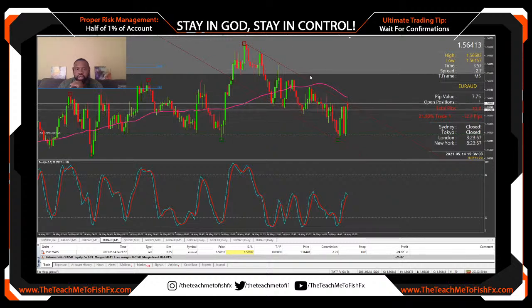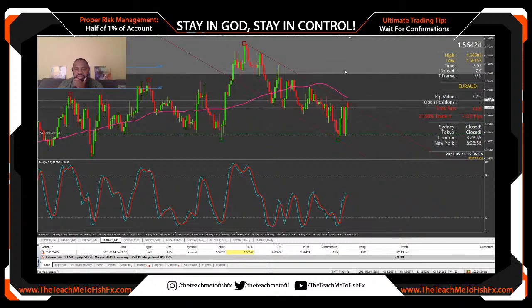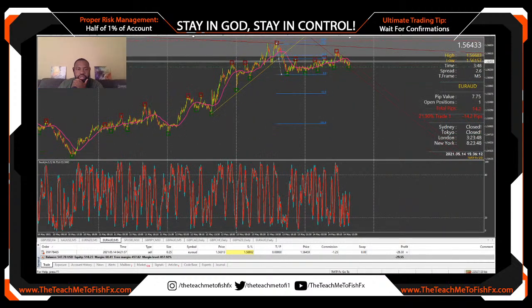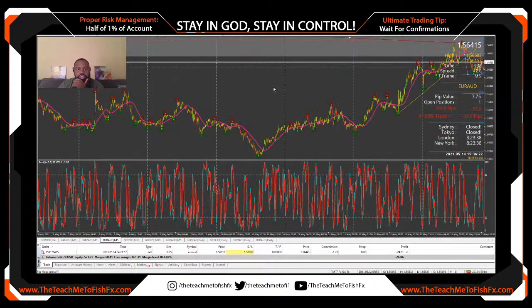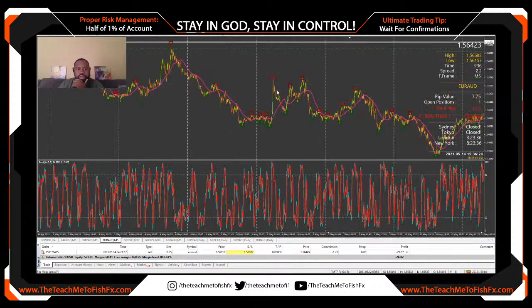It may come back up to retest this daily zone. However, we've been up into this zone quite a few times. 1, 2, 3, 4. I'm just counting the peaks in that zone.